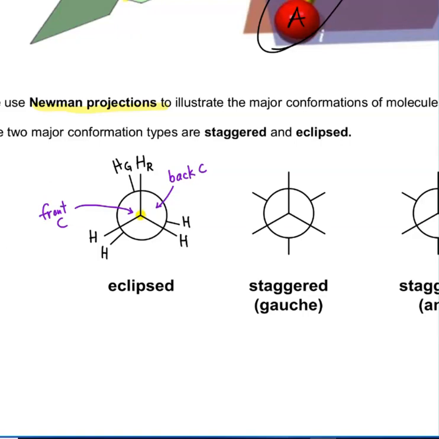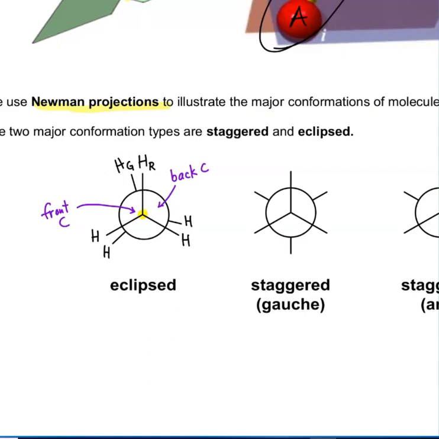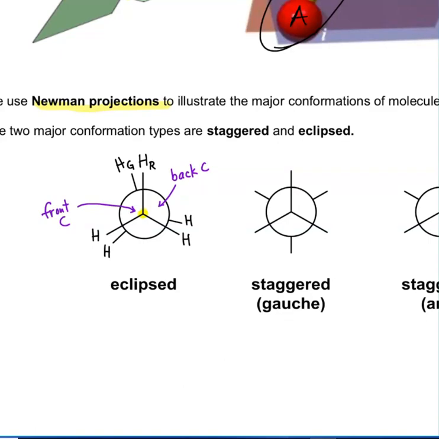Now in a Newman projection, unlike in a skeletal formula, you have to draw what's on the ends of the bonds. You can't just leave them blank and assume that someone will think that that's a methyl group. It may or may not be. So everything has to be written explicitly at the end of the bond. Even if you abbreviate it, you have to put something there so that we know, is this a hydrogen? Is this CH3? What is this?